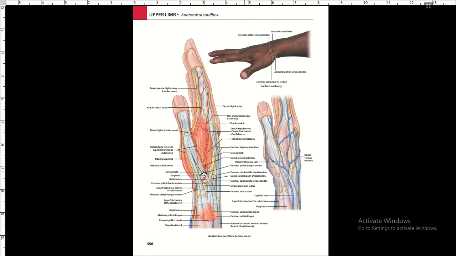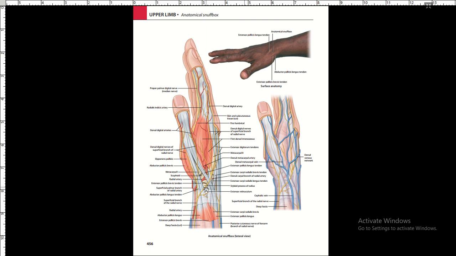Remember, your trapezium is the one that will articulate with the first metacarpal bone, which is on the thumb. So the floor is made by the scaphoid bone and the trapezium, and the ending tendons of the extensor carpi radialis longus and extensor carpi radialis brevis form the floor.